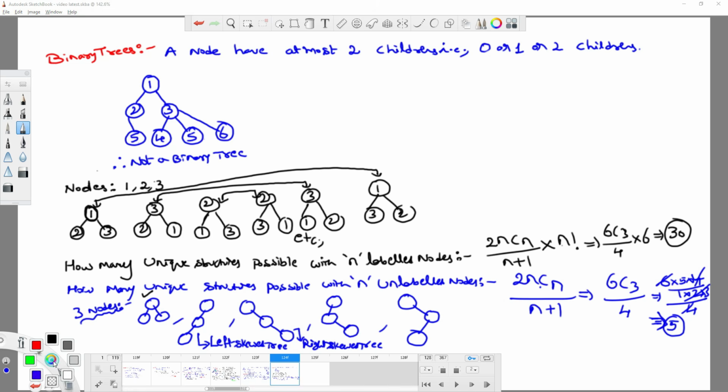Similarly, I might add one more question. A tree of height h.